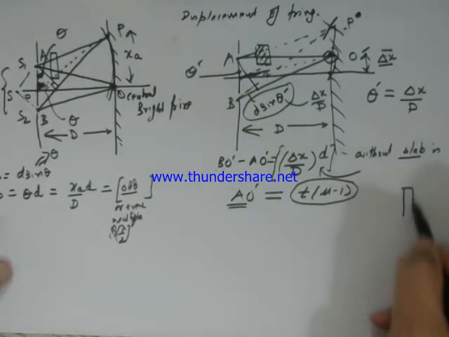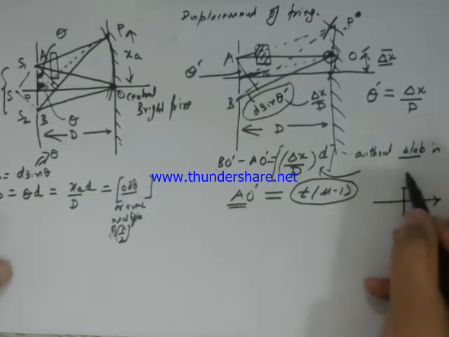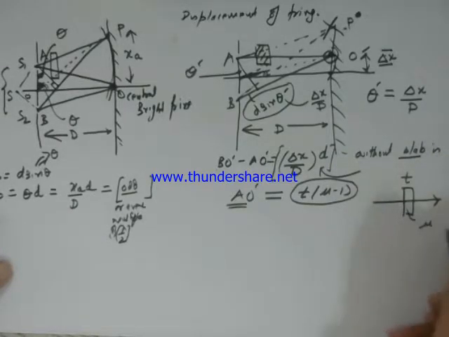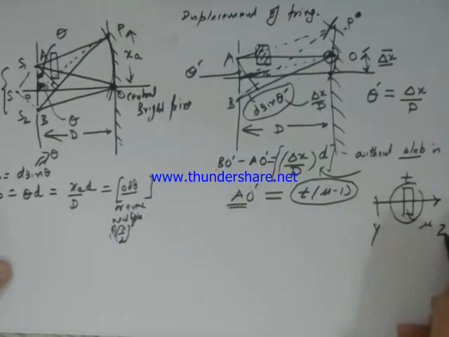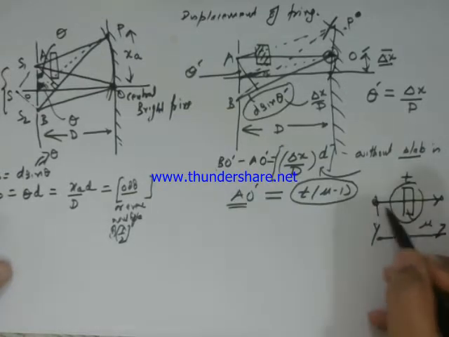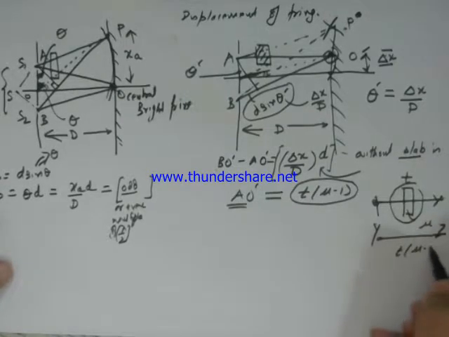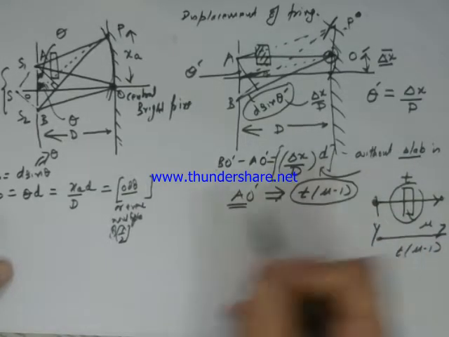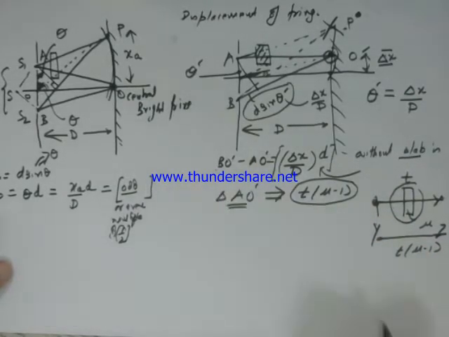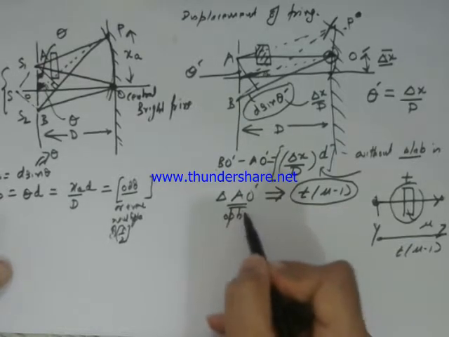Whenever a slab is placed in the path of a ray and the thickness of the slab is t and mu is the refractive index, then the optical path between these 2 points, say y and z, the physical distance is the same, but the optical distance will increase by t into (mu minus 1). So the same thing has happened here. So AO dash has increased. This is, I'll say, delta AO dash, the optical path which is increased.